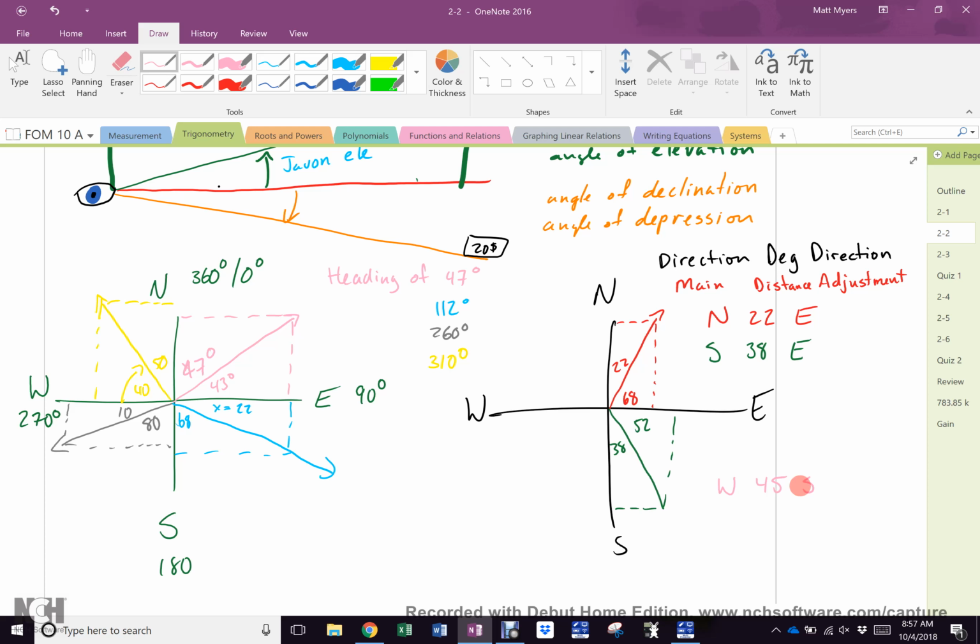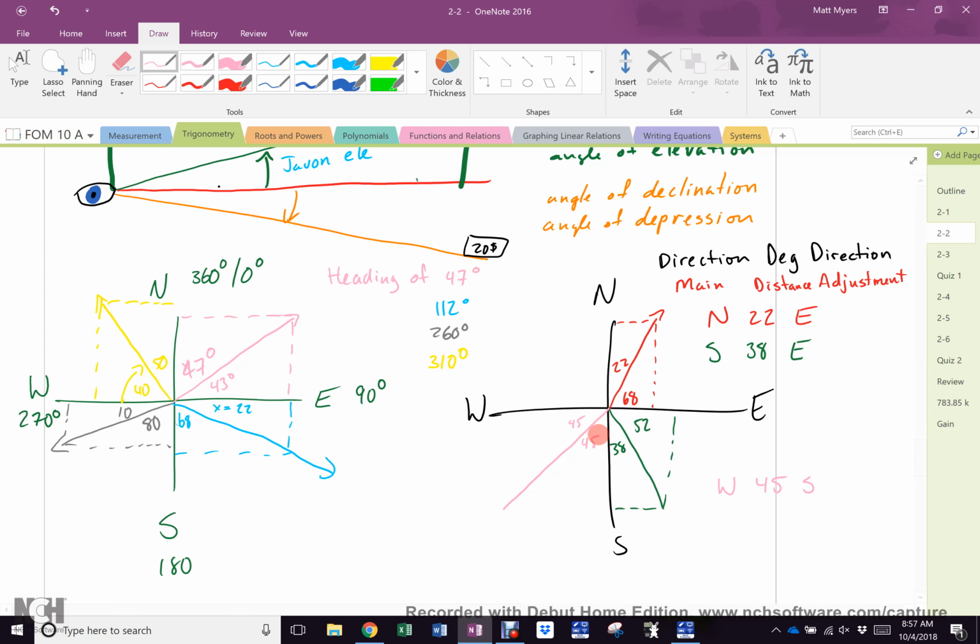Where's the line? Josh. It's right in the middle. It's directly southwest, isn't it? This is 45. This is 45. Everybody good?